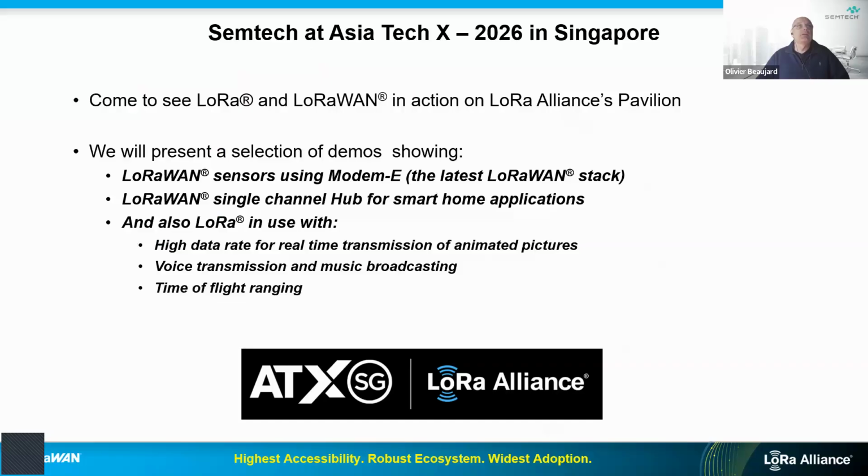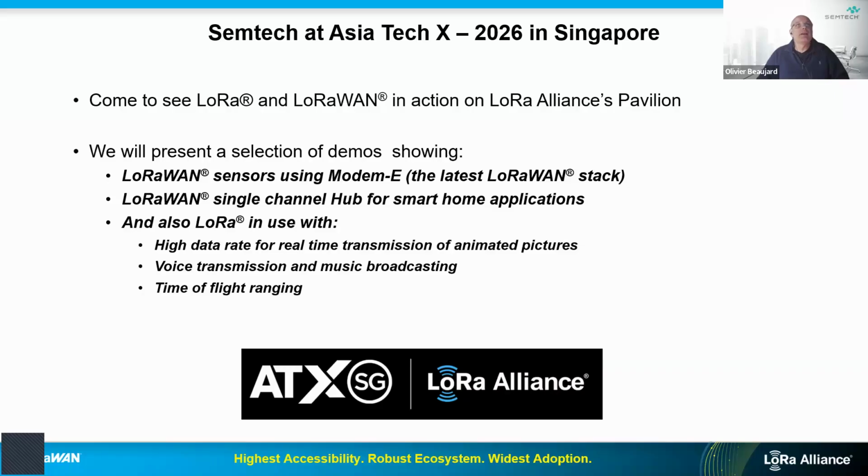I will here just highlight what is happening next week. Of course, we will be part of the LoRa Alliance pavilion, for those visiting Asia TechX next week. It is in hall 3, booth number 3C3-1.